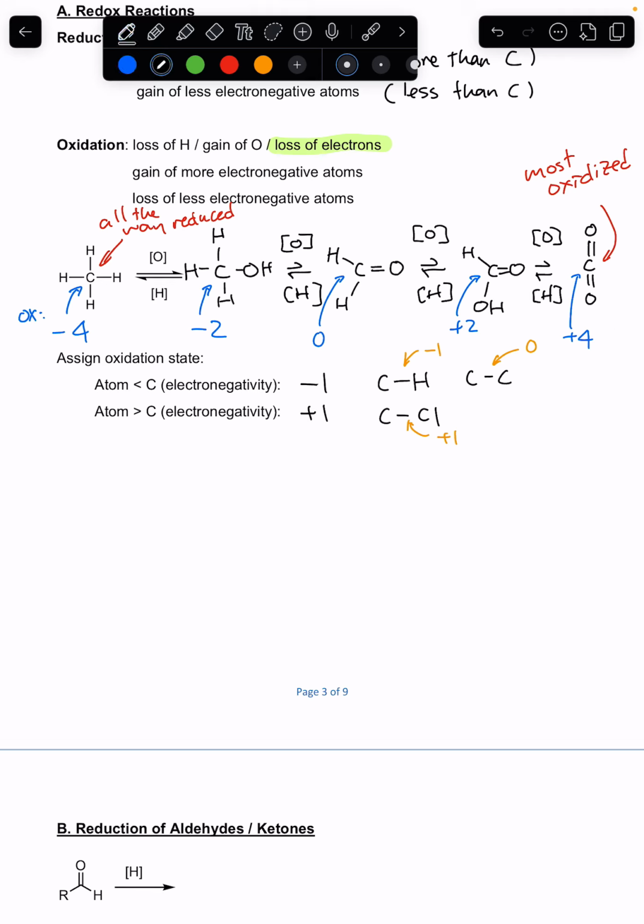So let's see if we can apply these oxidation state calculations to figure out whether a particular reaction is a redox or not. You could basically categorize all reactions in organic chemistry as either a reduction reaction, an oxidation reaction, or neither.